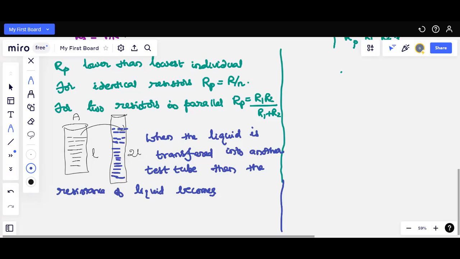The same volume of liquid is transferred into another tube, but to a length 2L. Volume remains constant in this case.